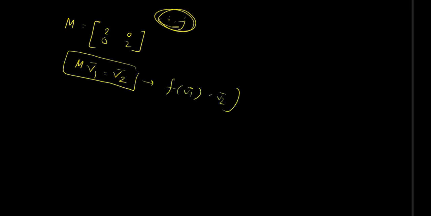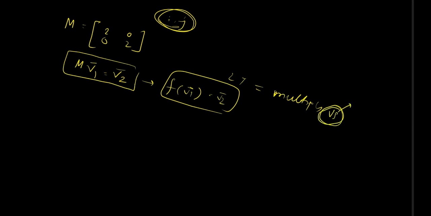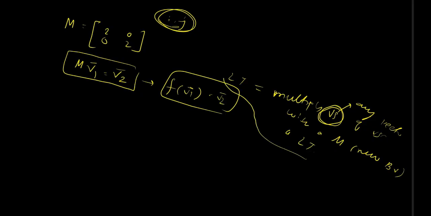So linear transformation is nothing but the same as multiplying the vector space, and when I say vector space, it means any vector of that vector space, with a matrix M, which contains the new basis vector positions. It will give a linear transformation corresponding to it.